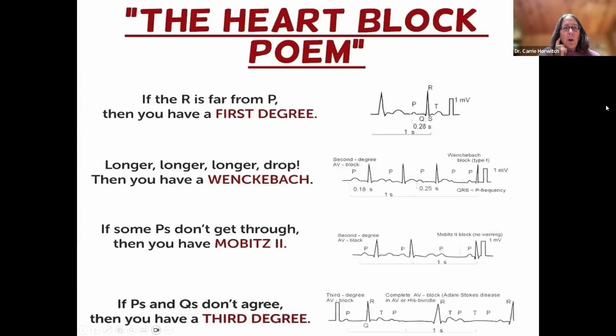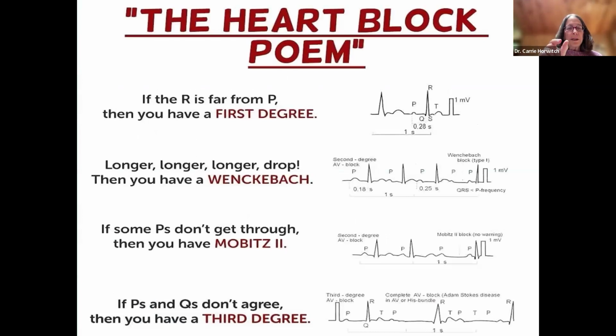So I found this poem online and I thought it was cute, to help us remember what the different blocks are. It goes like this. If the R is far from the P, then you have first degree. Longer, longer, longer, drop, then you have Wenckebach. The longer is the P wave to the QRS, right?